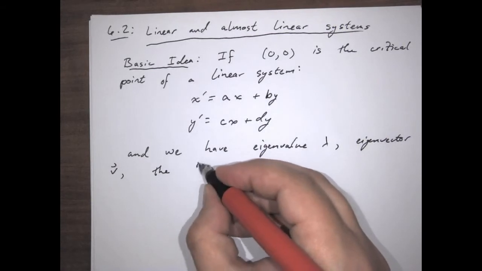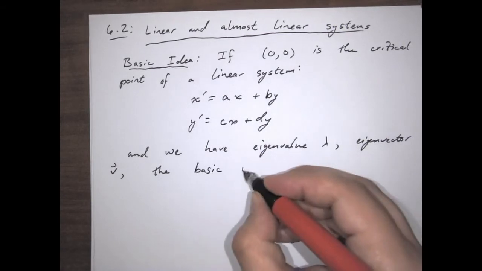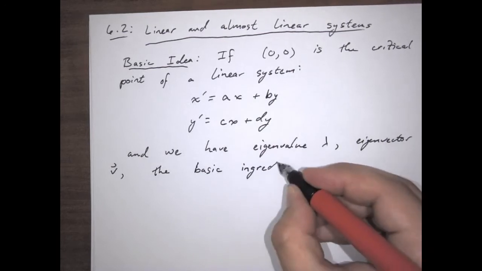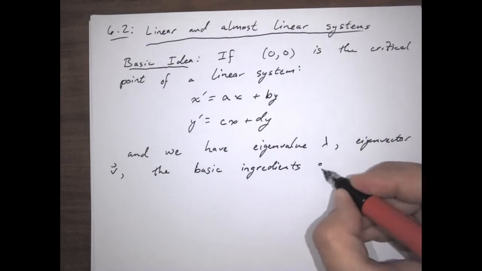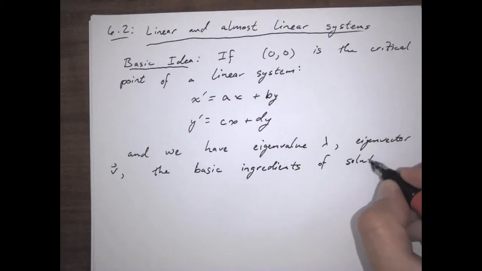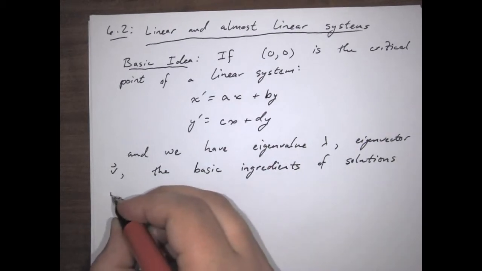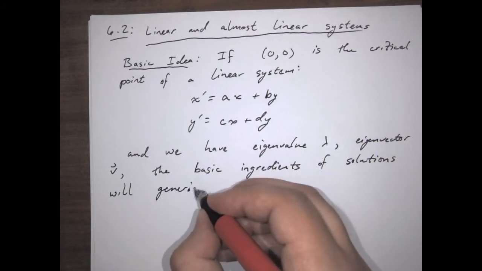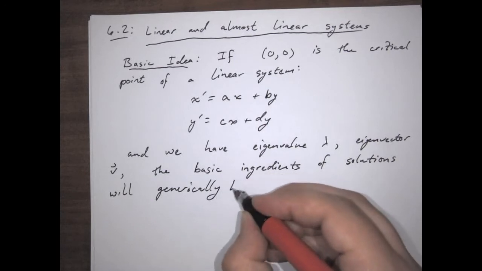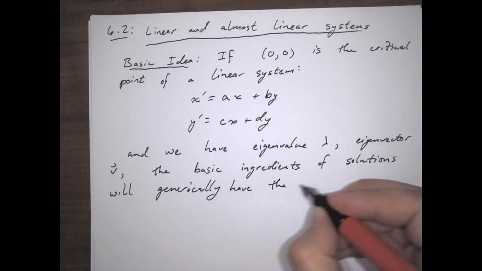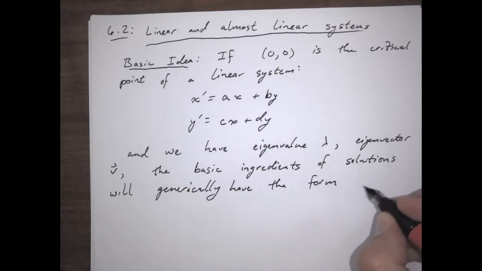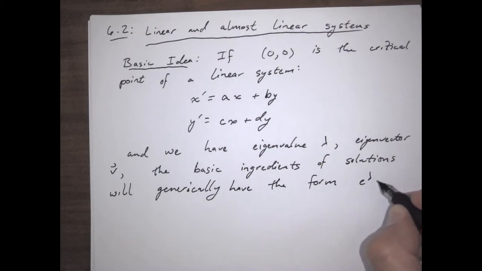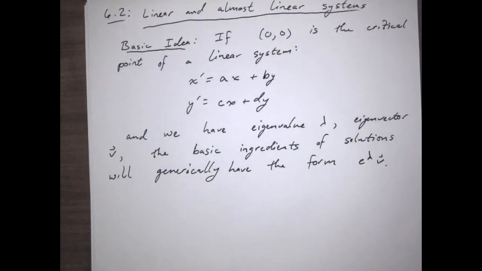the basic ingredients of solutions will generically have the form e^(lambda t) v.